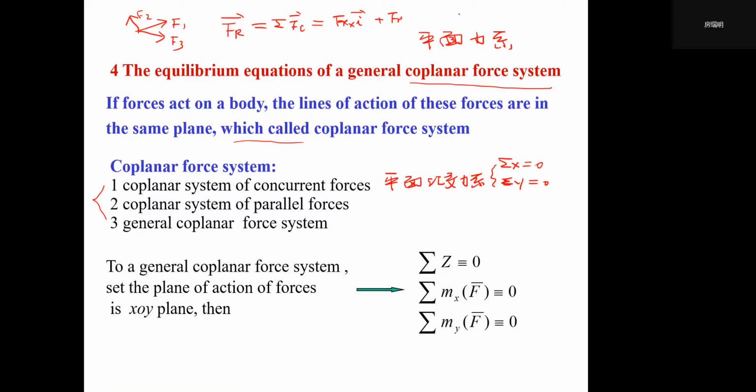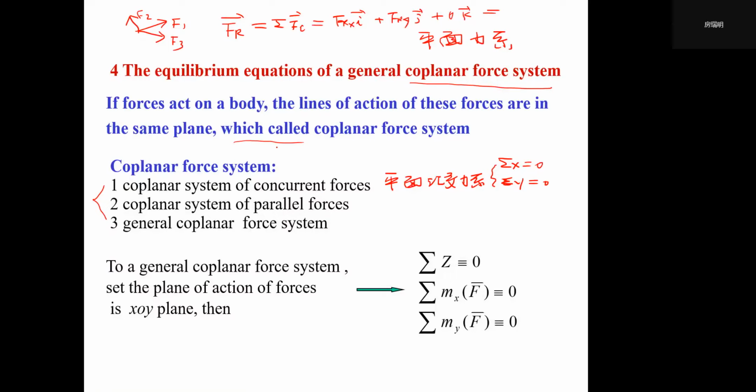It always has 0 component along the k direction. If this coplanar force system is in equilibrium, then this resultant should be 0. So we actually have sigma Fx equals 0, that is Frx equals 0, and sigma Fy equals 0, that is Fry equals 0.